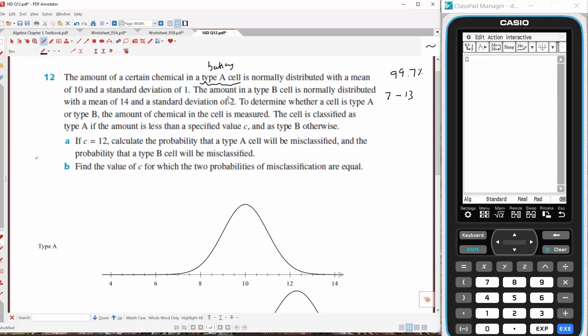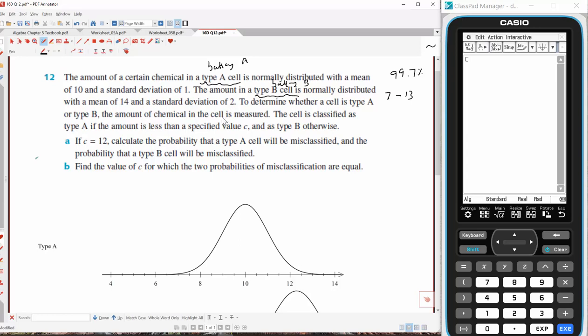All right, what we've also got is a type B cell, which is also normally distributed. So this is a different type of battery. So battery A and battery B. It's also normally distributed with a mean of 14 and a standard deviation of 2.